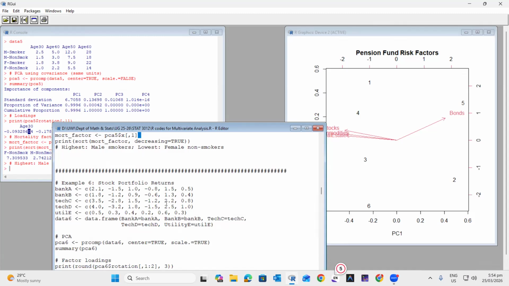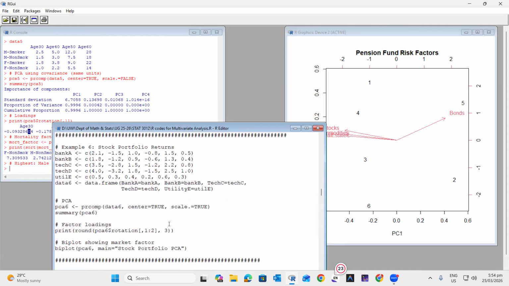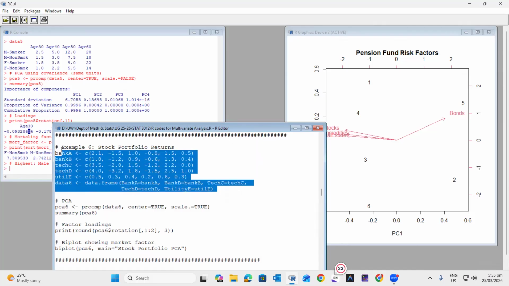Now we are going to talk about the sixth example. We have the stock portfolio returns of different banks: bank A, bank B, tech C, tech D, and utility E, and we are going to store them in vectors. For data 6 we are going to prepare a data set, and in that we are going to store the values of bank A, bank B, tech C, tech D, and utility like this.